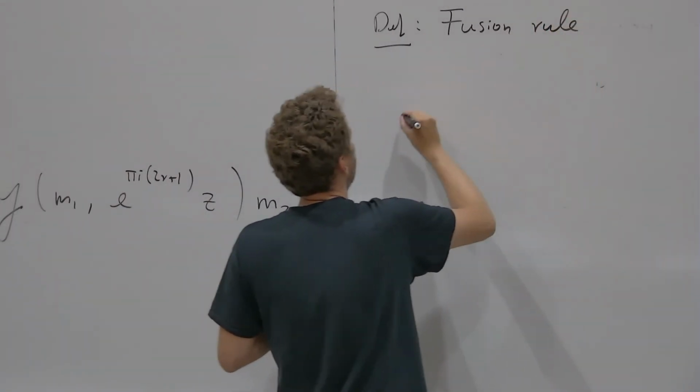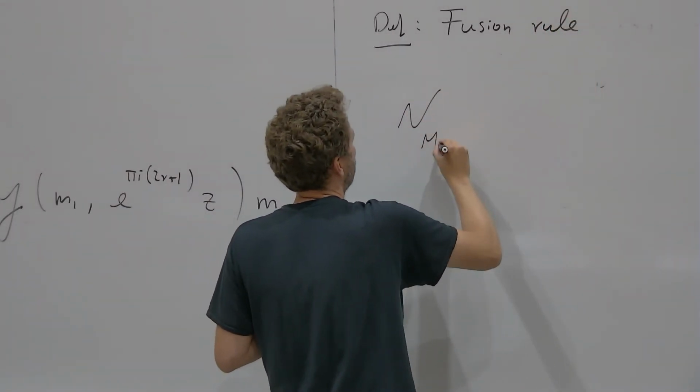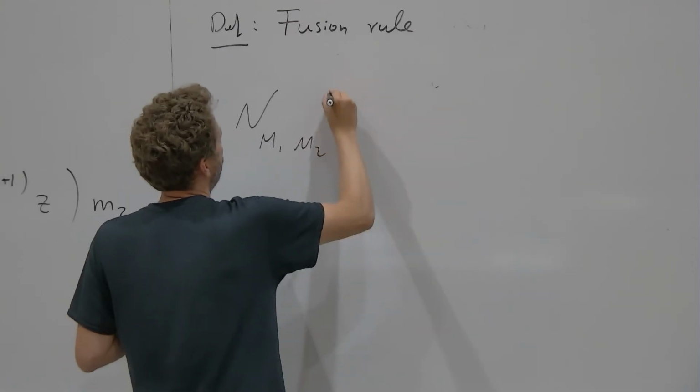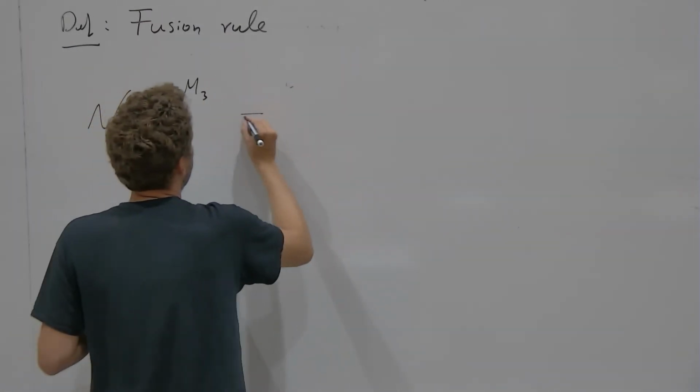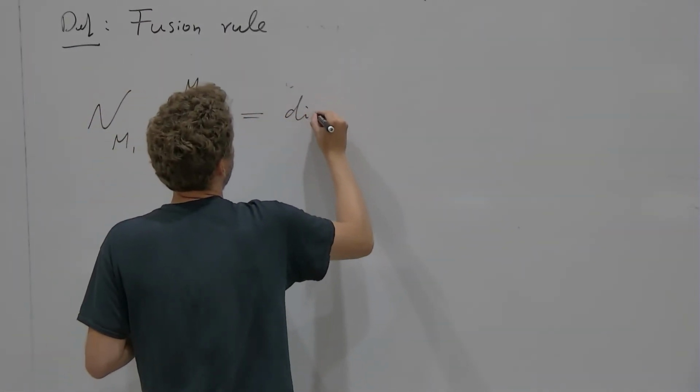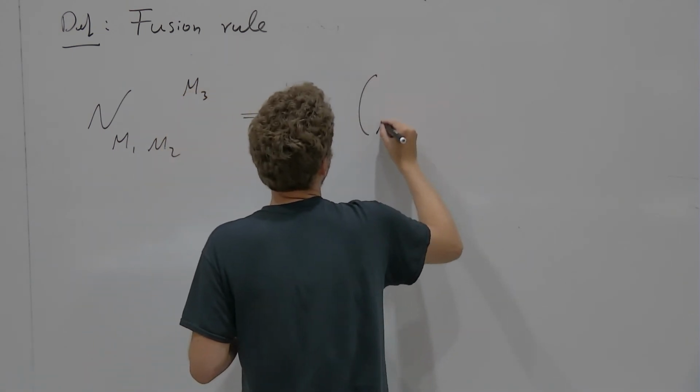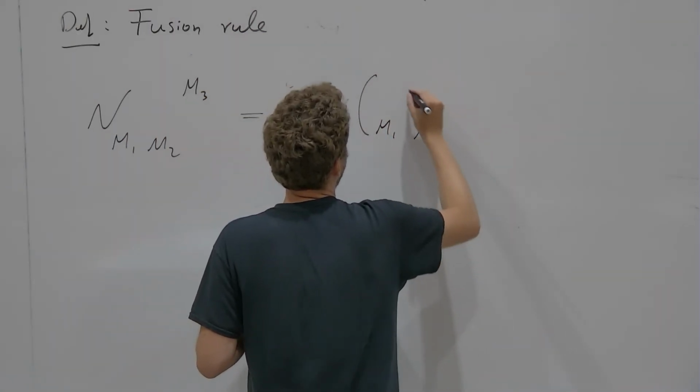So the fusion rule with index 3 modules is equal to the dimension of the space of intertwining operators of the corresponding type.